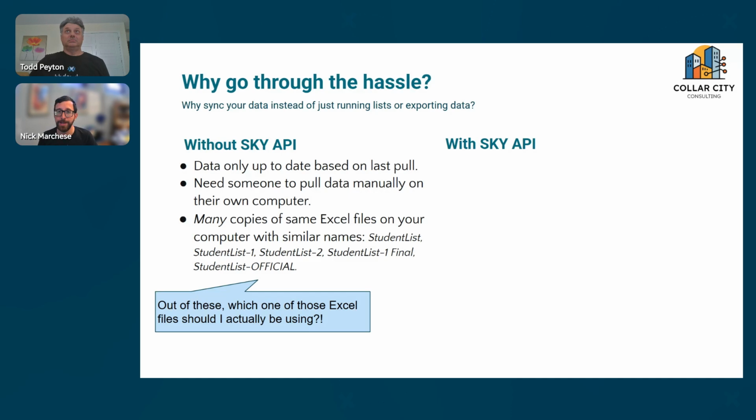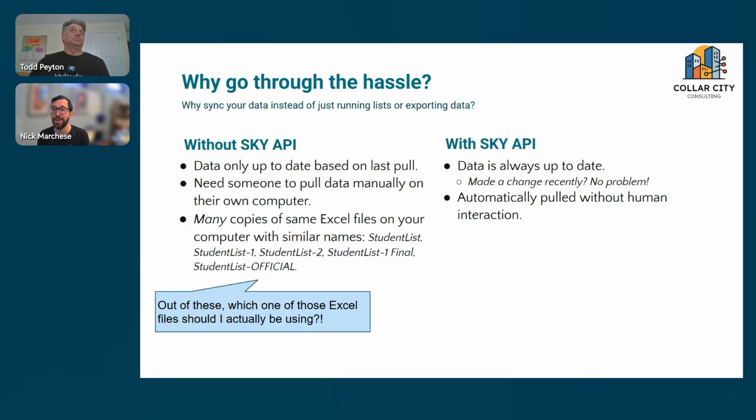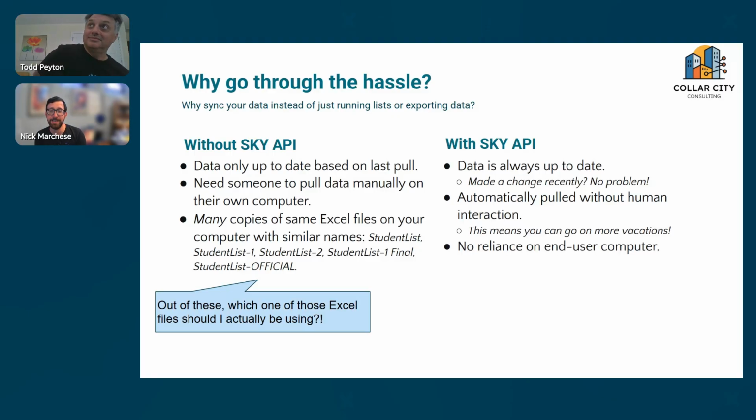But when you integrate Sky API, you can make sure that your data is always up to date, so you don't have to worry about pulling that information out. So you made a change recently. It's final. Thanks, Megan. It's automatically pulled out, so you don't need somebody to do that. You can go on more vacations because you don't need somebody doing that.